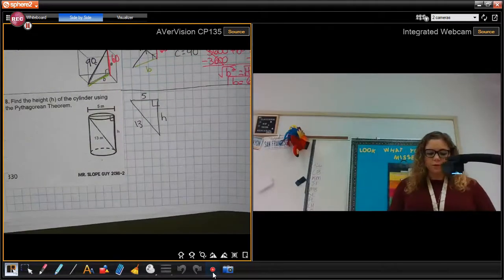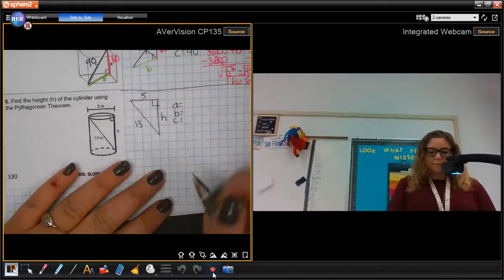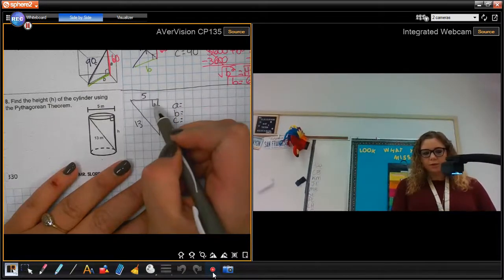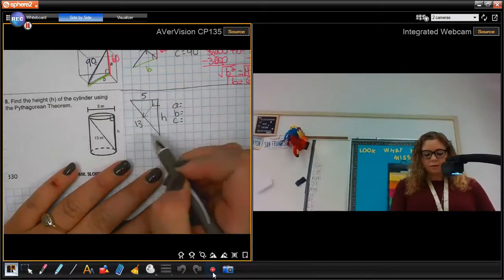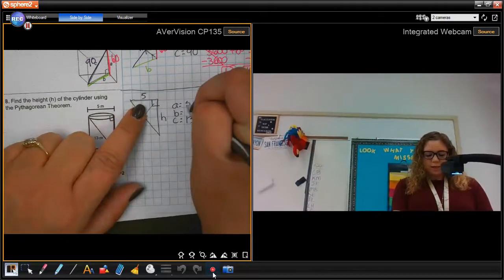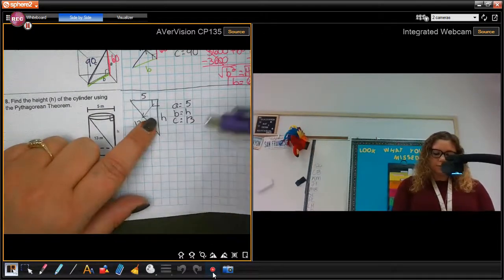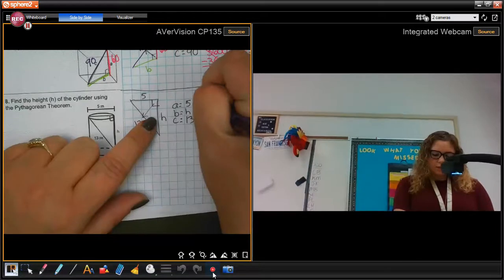I'm going to use the Pythagorean theorem. First, I need to identify my hypotenuse, so I'm going to come here, draw my line. So C is always going to be 13. Now, 5 is going to be A, and H is going to be B. Use the Pythagorean theorem and plug in the numbers.